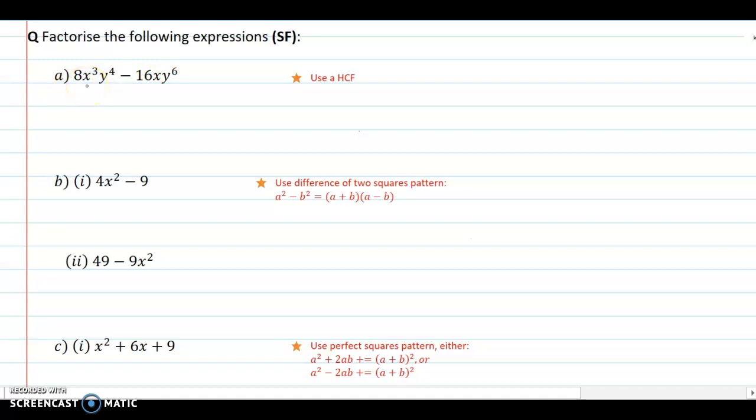What's the highest common number of x's? What's the highest number of common y's? And hopefully you come up with a highest common factor of 8xy to the power of 4. And then you're simply dividing that out.